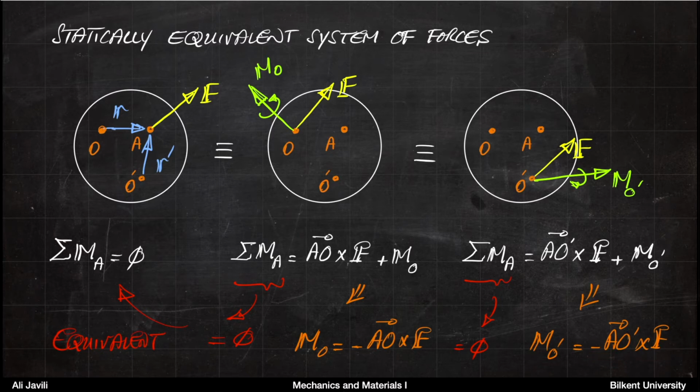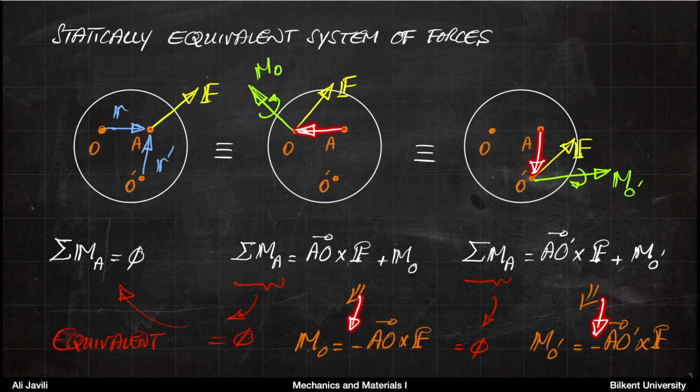So again, you see in both cases, in this case, you get for that moment, AO cross F with a minus sign. In this picture, you get this arm, so again, AO prime cross F with a minus sign.